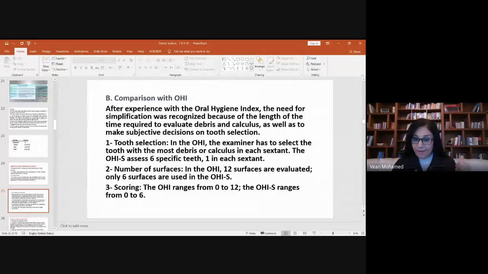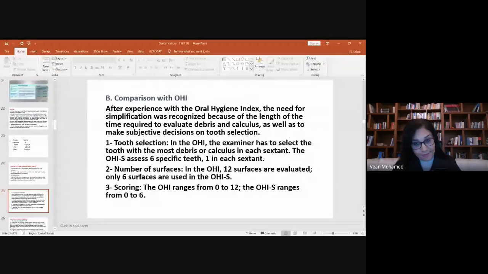But in the simplified one, specific teeth are examined: the central incisors and the 6s, the molars. The 6 teeth: upper 6 and 6, lower central incisor, 6 and 6. That's why it's simpler.